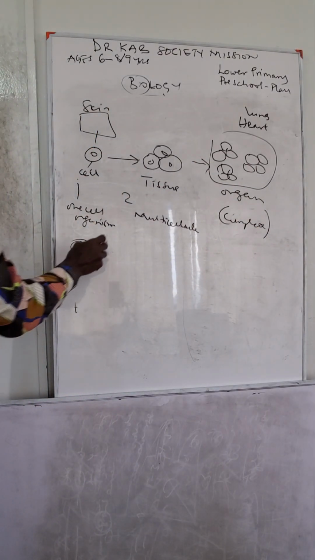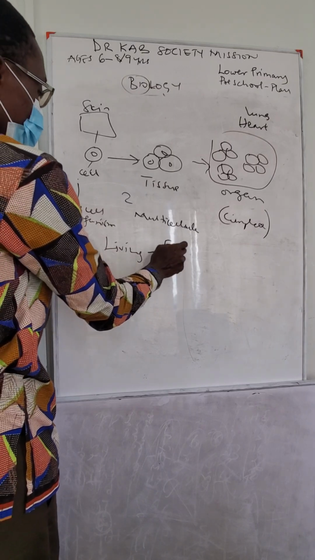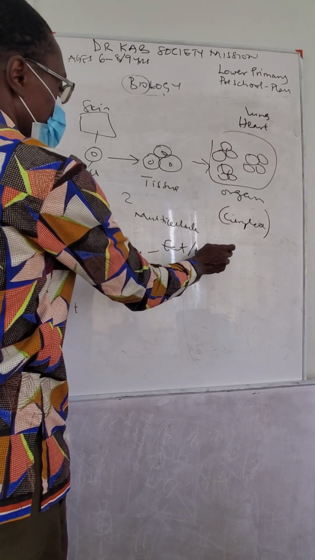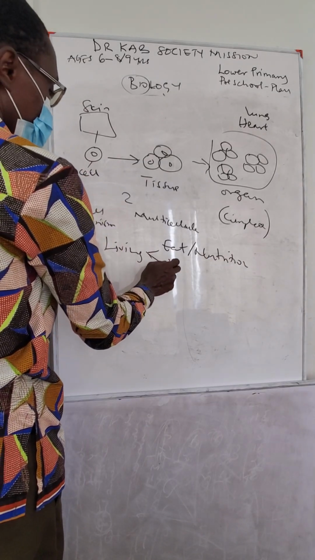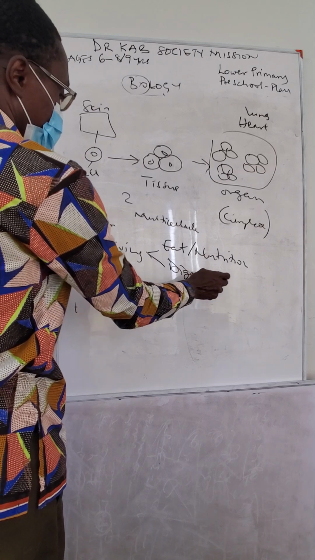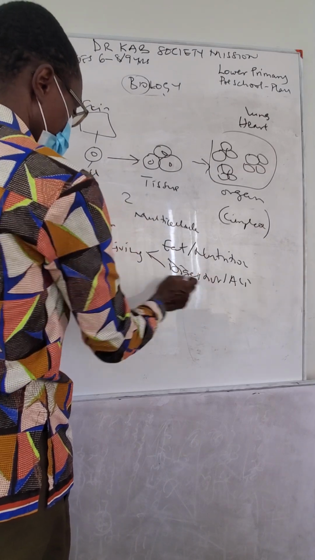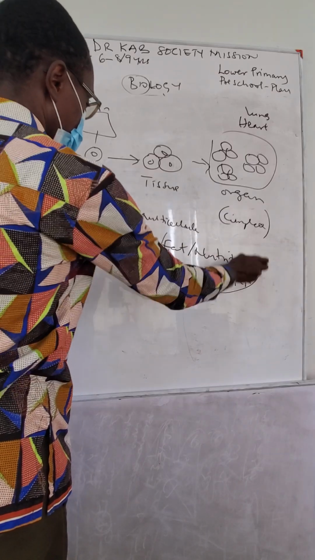Any living thing must do certain things. We eat, so there is something called nutrition, we must get food. We also have the alimentary canal to digest our food.